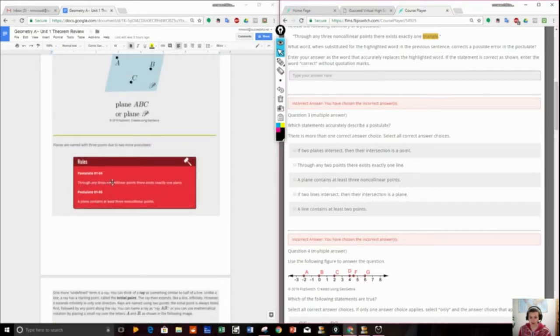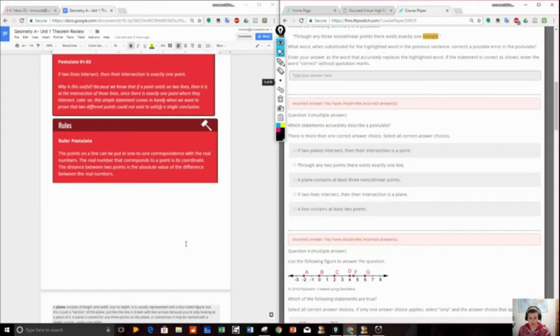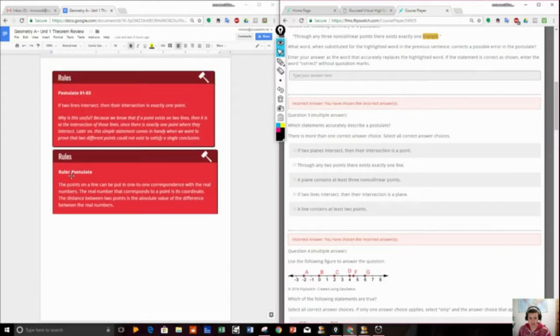This one says through any three non-collinear points, there exists exactly one plane. The next one is if two lines intersect, then their intersection is exactly one point. Well, this one says if two planes intersect, so that's off because it should be lines. Through any 2 points, there exists exactly one line.